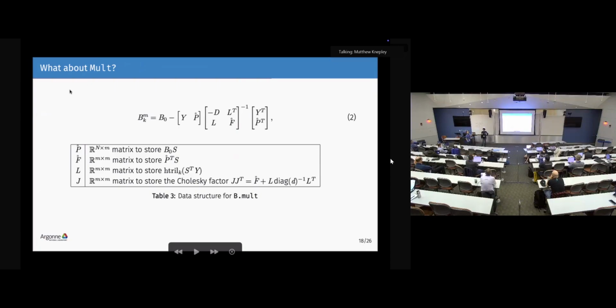Because it's got a double loop and it's all vector logic, it is order m squared n work. Because we do the Cholesky factorization, that changes to order mn plus m cubed, where m is the small variable and n is the big variable. So when it works with the Cholesky factorization, it's also an improvement.